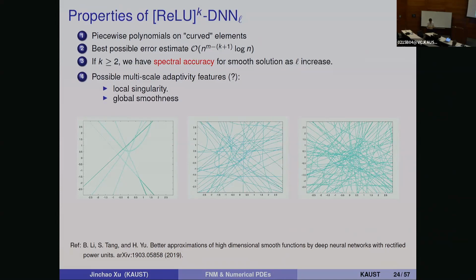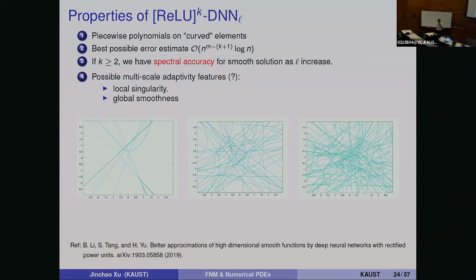So if you do a deep neural network, this is level 3, I believe, you have some piecewise polynomial of degree k and some extremely complex, funny looking elements which have curved boundaries, okay? But you can reproduce polynomials of any order if you increase the depth.